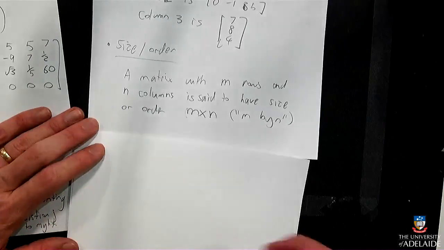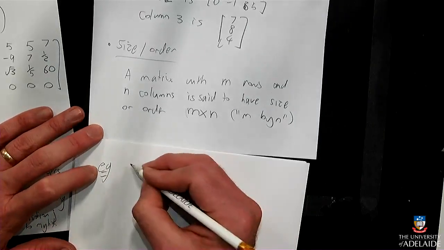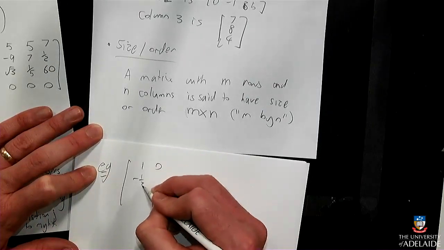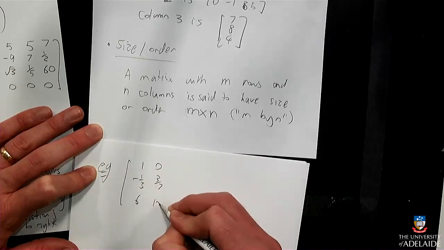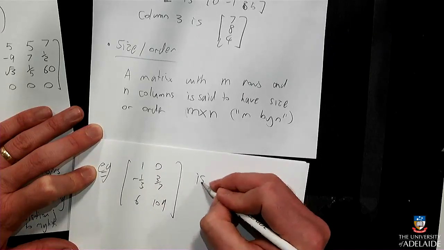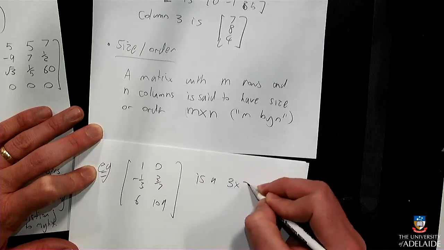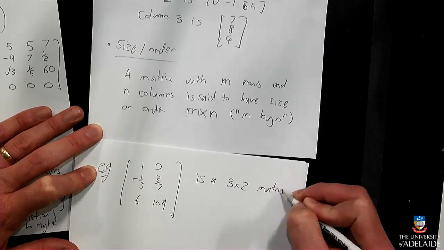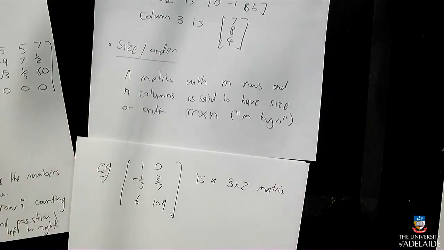And it's worth pointing out, after I've done an example, you could say this is a 3 by 2 matrix. So sometimes you don't even say it has size 3 by 2. You just say it is a 3 by 2 matrix.